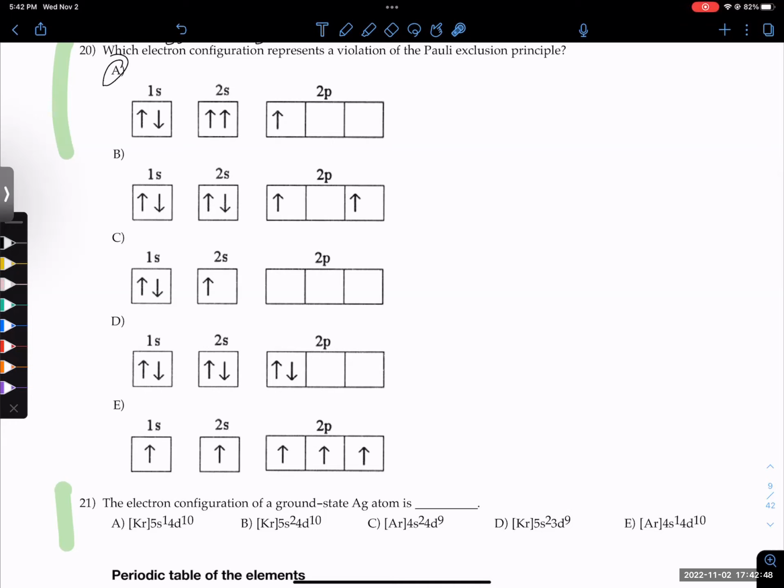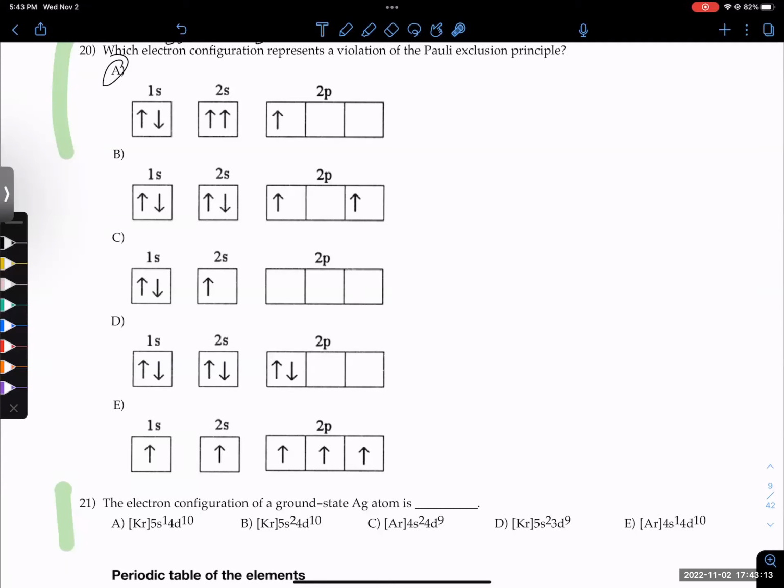I understand why it's wrong, but I don't think you would see something like answer D in an actual real life scenario.